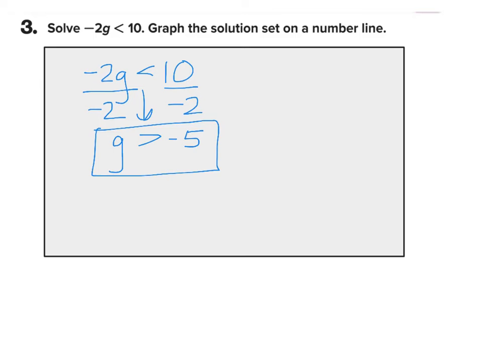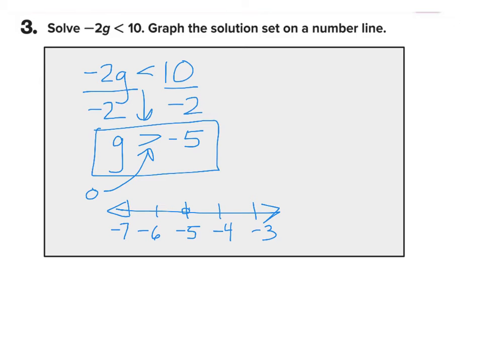Now let's graph this on a number line. So if I have negative 5 here, and I have negative 6, negative 4, negative 3, negative 7. Okay, I've got some numbers on the number line, and because it doesn't have the or equal sign to it, it's going to get a circle that's not filled in.